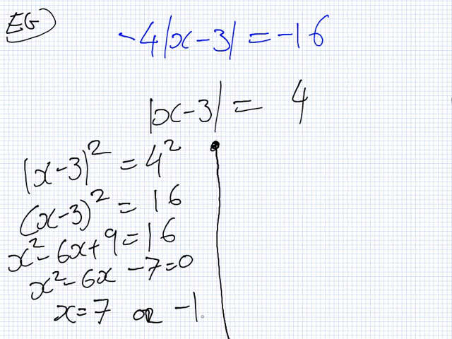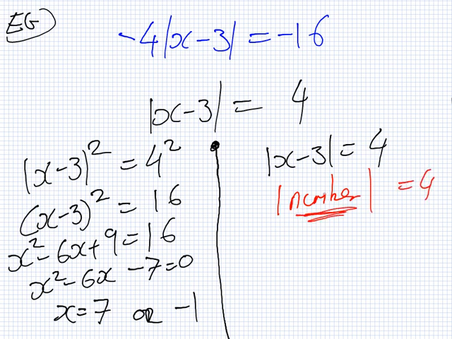Right, so the second method, you have the absolute of x minus 3 equals 4. But if you really think about it, there are only two ways an absolute of a number could equal 4. If that number is 4, or if it's minus 4. What's the absolute of 4? 4. And of minus 4? 4.